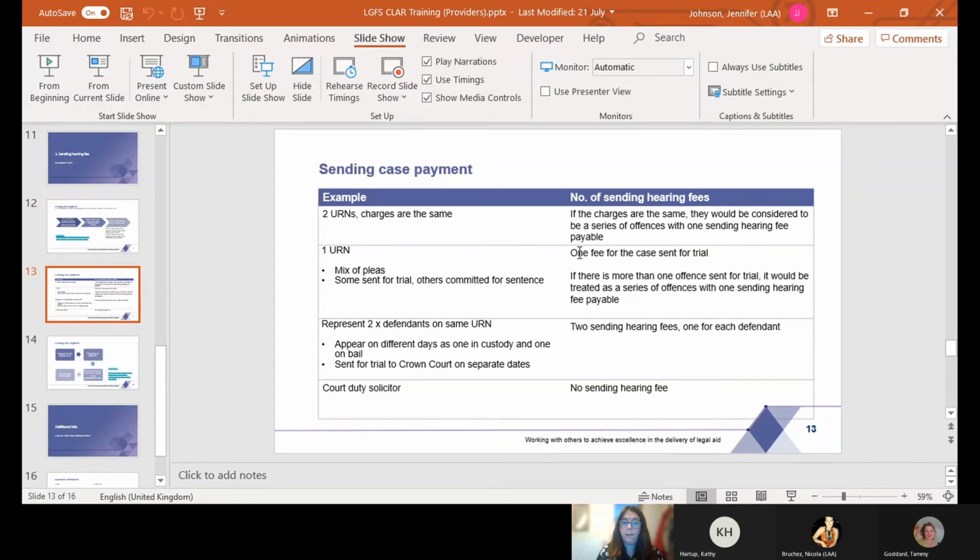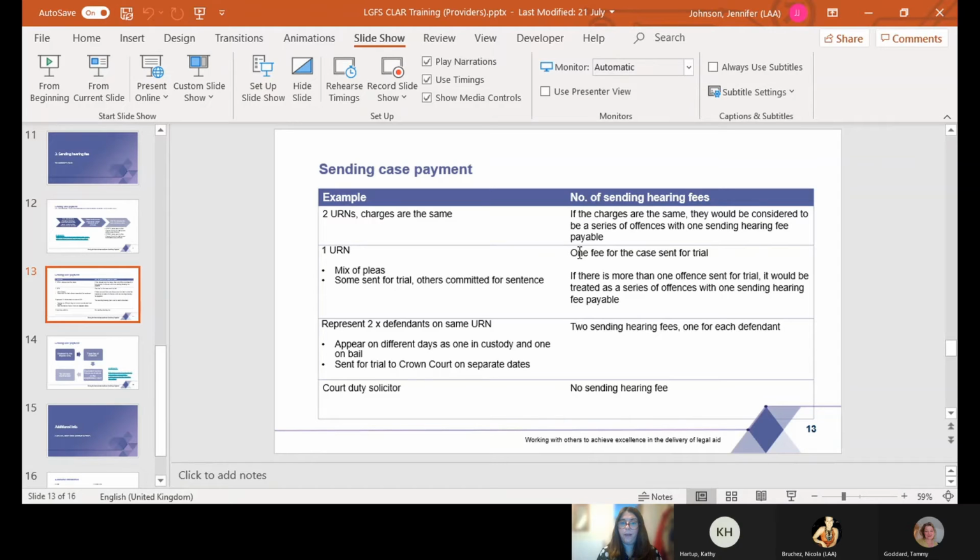So in terms of co-defendants, if you have defendants that appear at different sending hearings but are part of the same case, say if Nicola and I were both charged with the same offence, but I appear on the Friday and Nicola appears on the Saturday morning and you represent us both, you would get a sending hearing fee for each defendant because we've appeared on different dates. If, however, Nicola and I are both sent up on the same day, on the Friday, you would just be able to claim one fee.